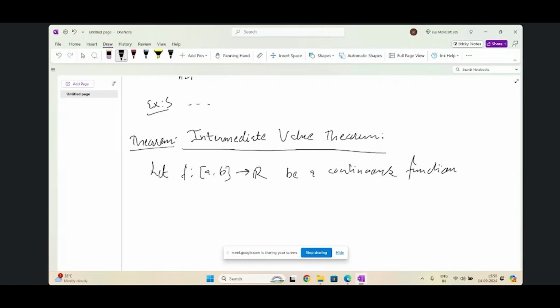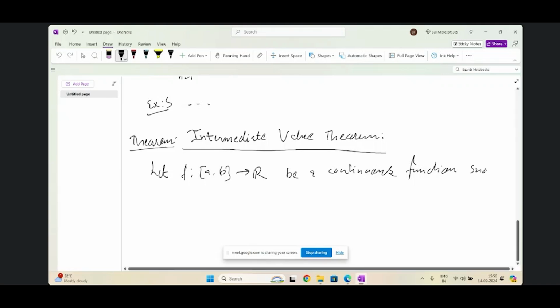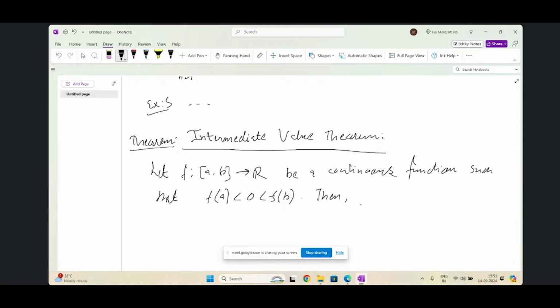So this statement is like, suppose we have a continuous function f from [a, b] to R such that f(a) is less than 0 and f(b) is greater than 0. Now you see that on one endpoint the function is attaining a negative sign and on the other it is attaining a positive sign. Do you think the graph of the function will cross the x-axis?